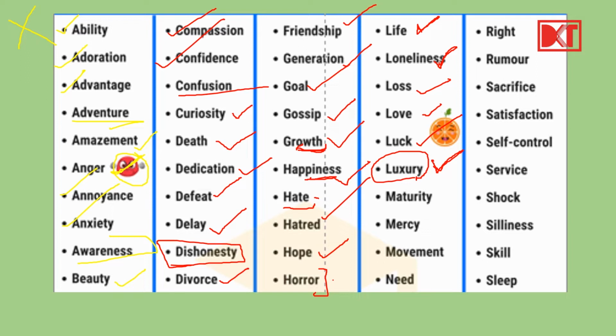If you're talking about a big house, or an expensive car, that car can be touched, it can be seen, it can be felt, and it can be heard as well. But luxury is something that you feel. Luxury is a form of life, and that you live.